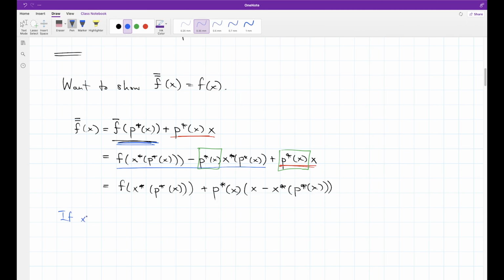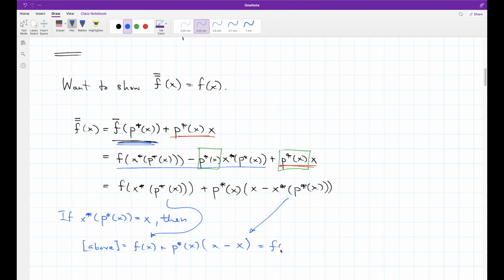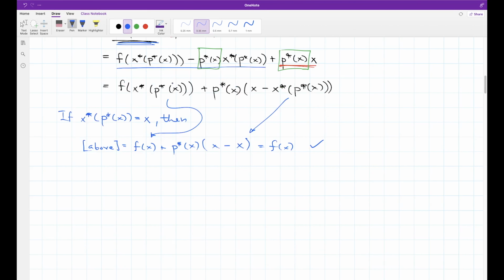So if x star of p star of x is equal to x, then we get the above is equal to f of x plus p star of x times x minus x. That's that x, and this goes to zero, which is just f of x. So we're good. So what remains to show, maybe it remains to be shown, is this point, that x is equal to x star of p star of x.